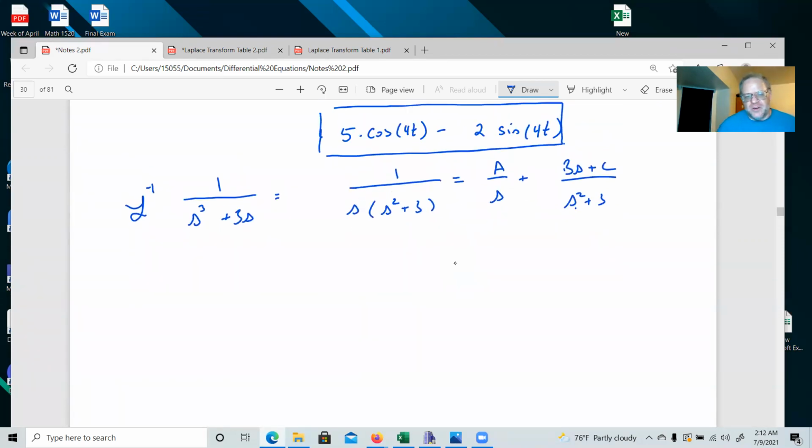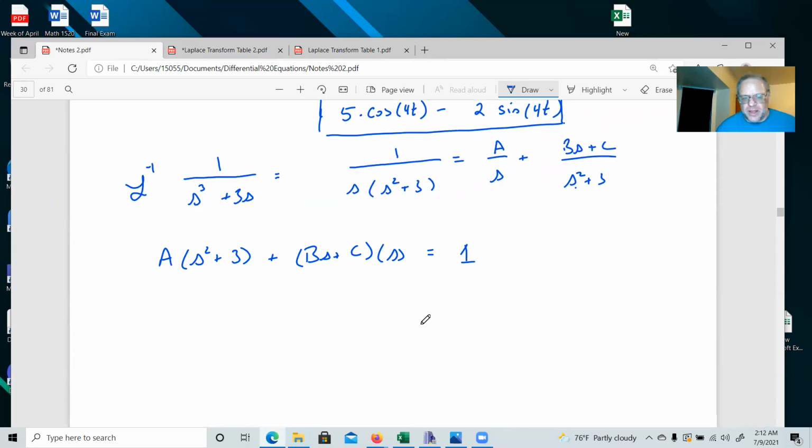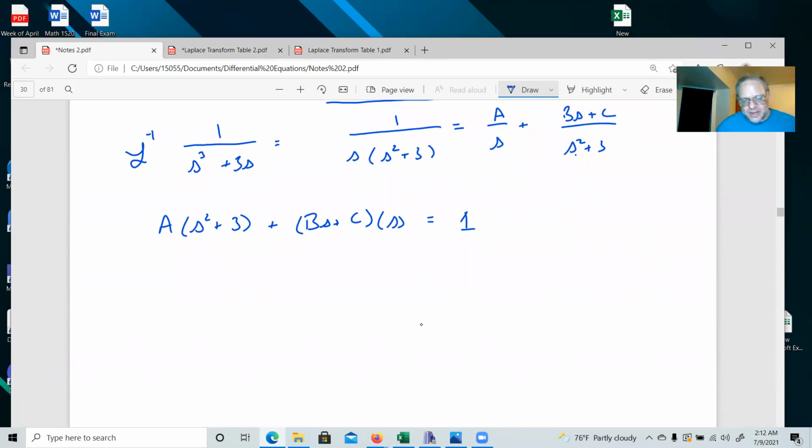Okay, so it equals 1. So this is going to be A times (s squared plus 3) plus (Bs plus C) times s, which cross multiplies, clearing the fractions, to 1. So it's going to be As squared plus 3A plus Bs squared plus Cs is equal to 1.